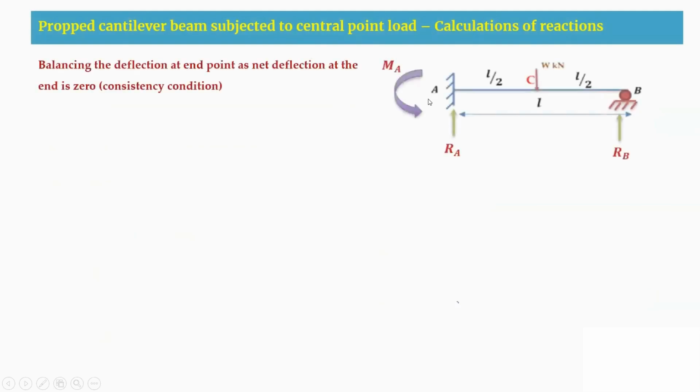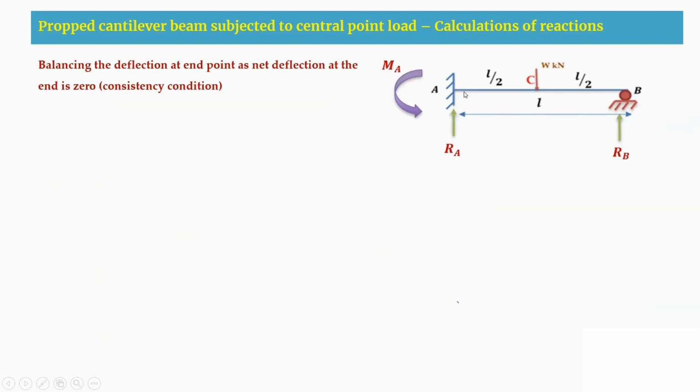Coming to the next slide, you are going to calculate the reactions here by balancing the deflection at this point. For this propped cantilever beam, you can see that the net deflection at B is 0. This is the consistency condition I am taking.